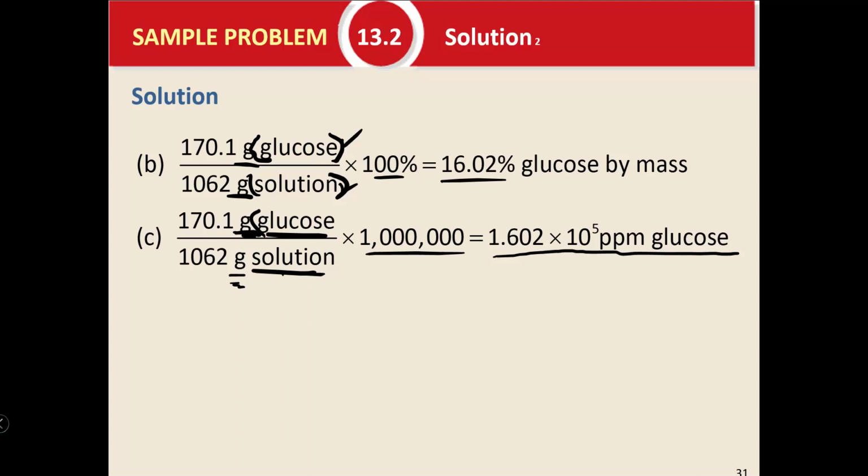If you do that, you won't make careless mistakes. The people who just say, okay, I'm going to take 170.1 grams and divide it by 1062 grams don't know what it is. They don't remember if that is the solution or the solvent. So make sure you put your descriptors here. Otherwise, you're going to make careless mistakes.